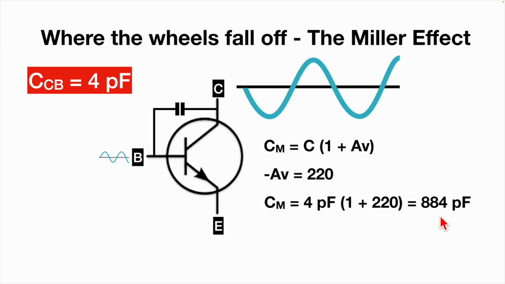But at 7 megahertz, with the great whopping 884 picofarads that we've got, that is quite a low amount of capacitive reactance. And the higher in frequency you go, the lower that capacitive reactance becomes. And so it dominates the input impedance and brings it right down.